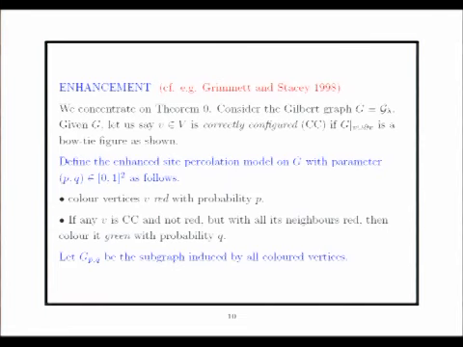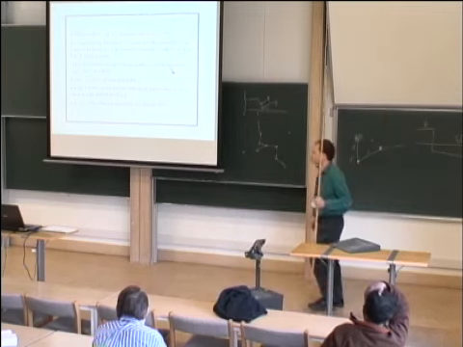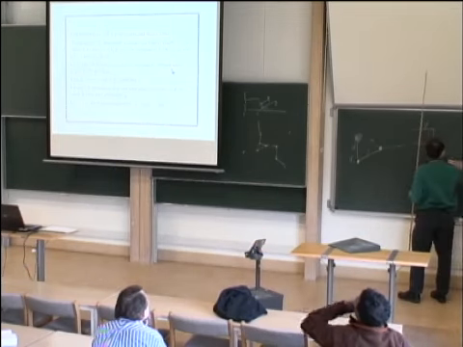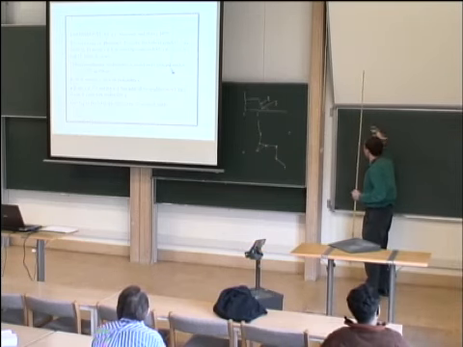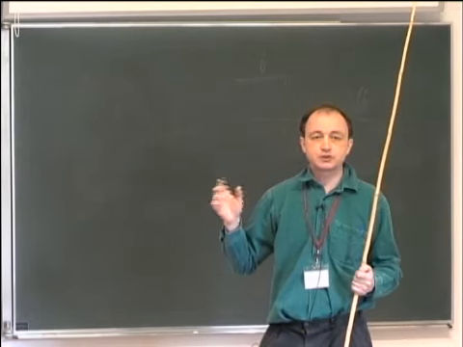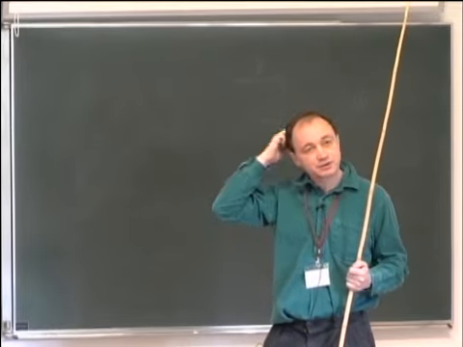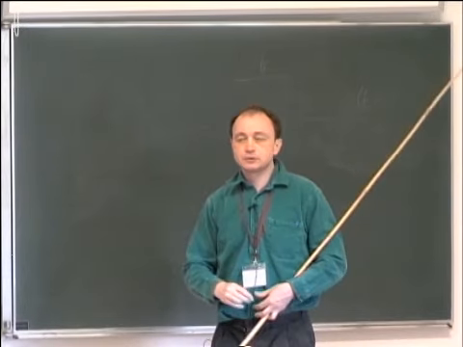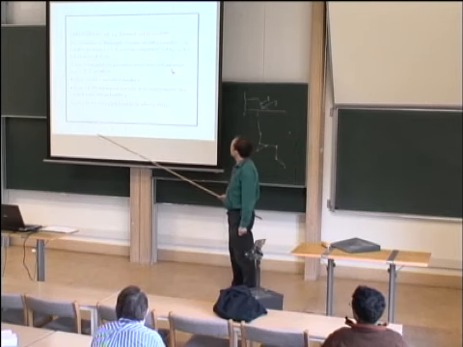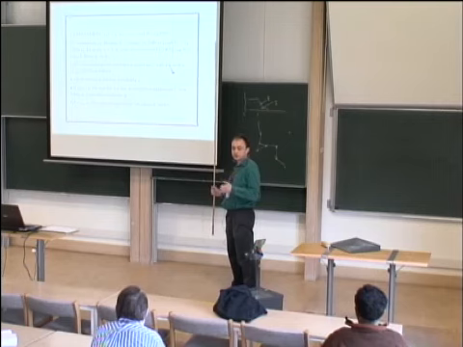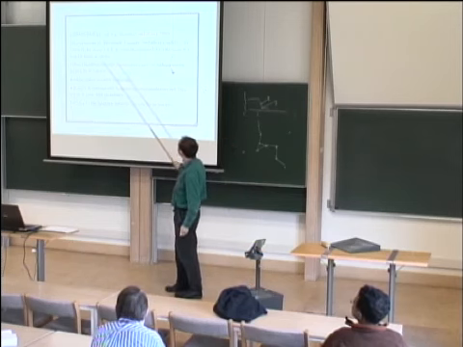And what the enhancement does is, I've presented some kind of argument why the site percolation is dominated by the bond percolation, and if you can do a little bit of an enhancement of the site percolation where you add a few extra open vertices, and it's still dominated by the bond percolation, and then if you can show that the enhancement strictly changes the critical point, then you'll be able to get the strict inequality.